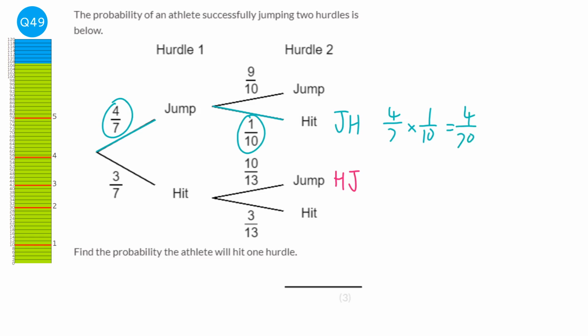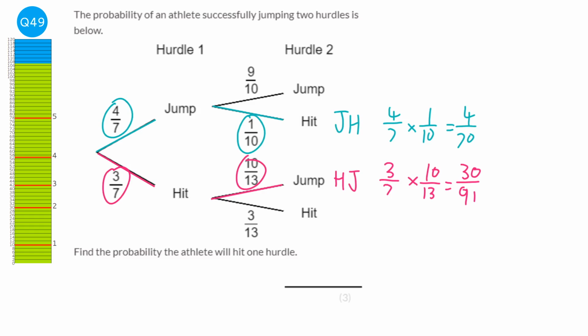And do the same with hit jump. So hit and jump will be 3 over 7 times 10 over 13, which will be 30 over 91. Now here's the problem. We've got two probabilities.